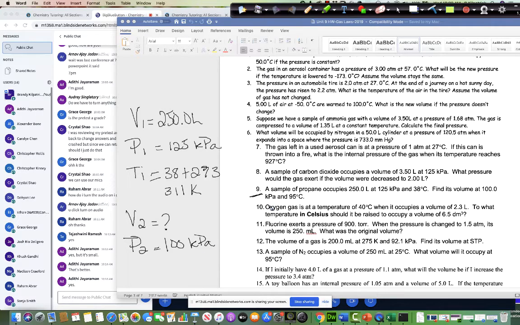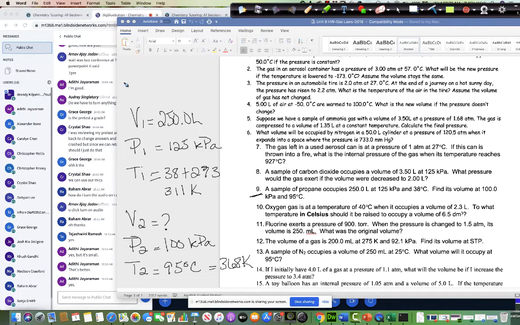And then we are at 95 degrees Celsius, so our final temperature is going to be 95 degrees Celsius. And that's going to be 368 in Kelvin, so add 273 to that.